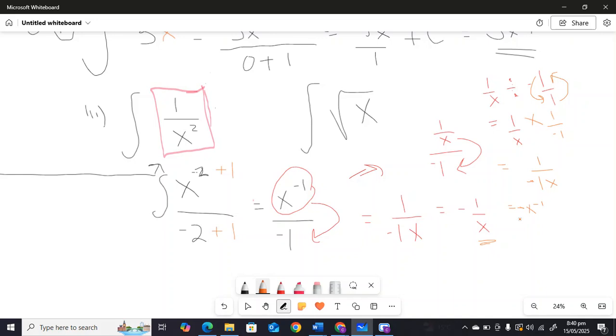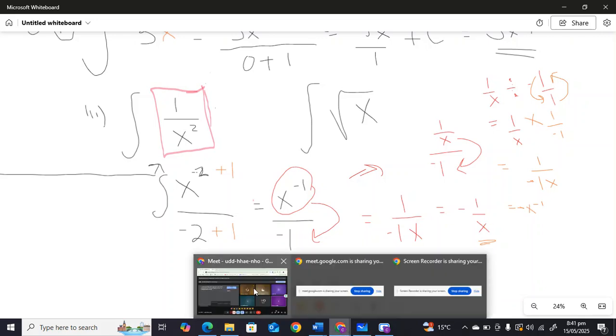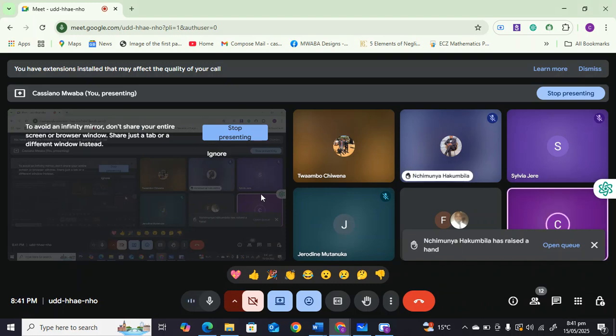Yes, negative 1 over x. Because if you do this, it is a negative power. But I can see you have now remembered the law of indices. Because what you are saying is right. You can transfer this back to that form, but as I said, the answer shouldn't have the negative power.